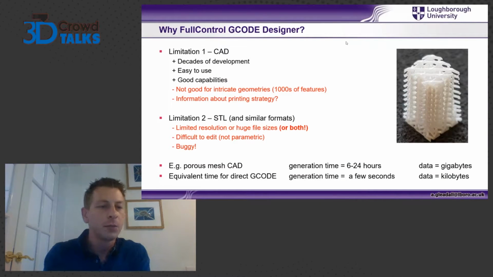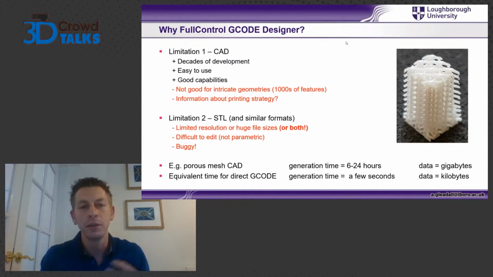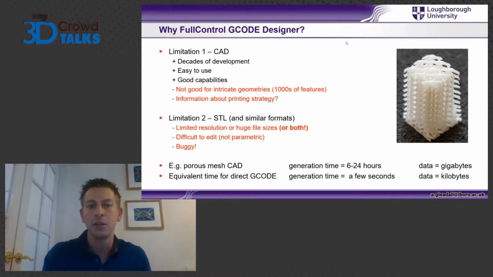I mentioned some of the reasons why we're doing this already, but in basic terms, there are three main ones. CAD is limiting some of the structures that we can produce. On the right-hand side of this slide, I've got an intricate tissue engineering scaffold. It's not easy to design that in CAD, even at that size.